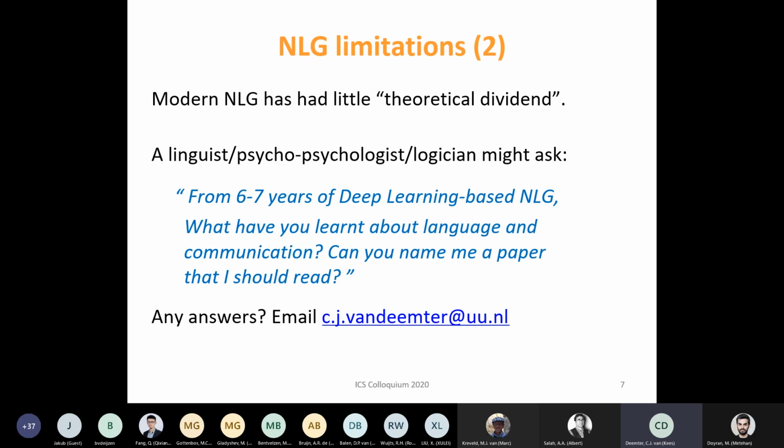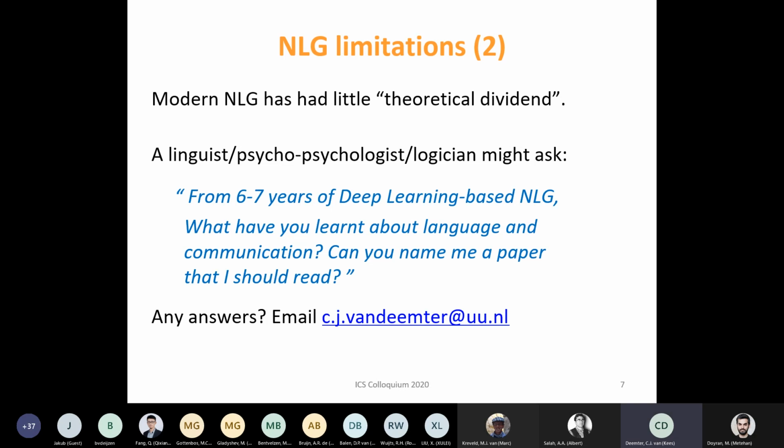What have you learned about language and communication? Can you name me a paper that I should read? And the answers were absolutely underwhelming. That was my expectation when I asked the question. There seems to be rather little about language and about communication that we've so far learned from these approaches.